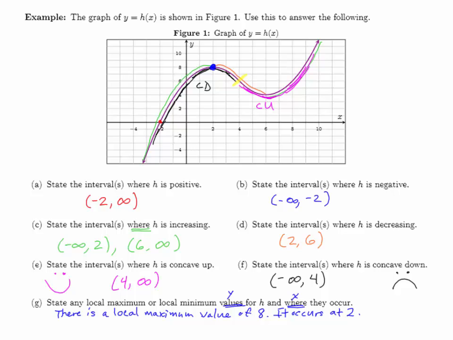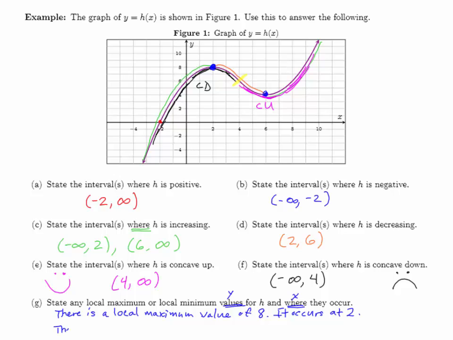Okay, and then for the local minimum value, I'll see that over here. And so I see this point (6, 4), and I see that at that point the y values are lower than all of the y values around the function there. And so our local minimum value will be 4, and that's going to occur at 6.